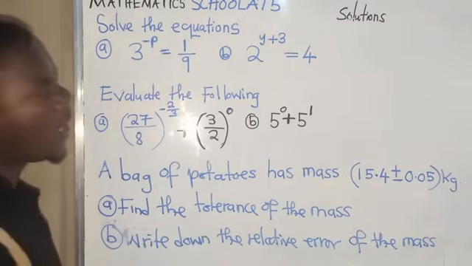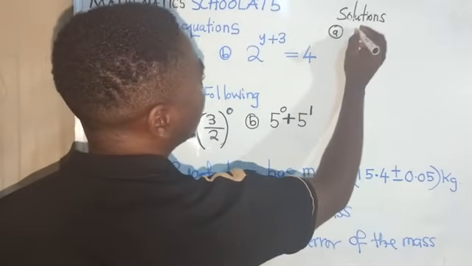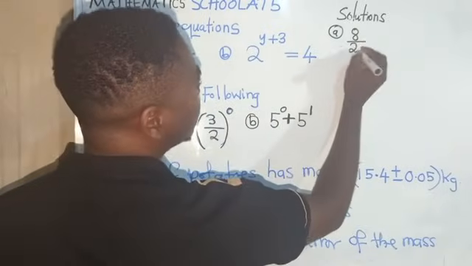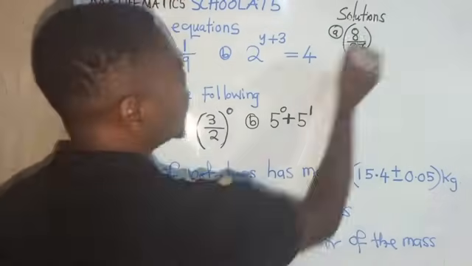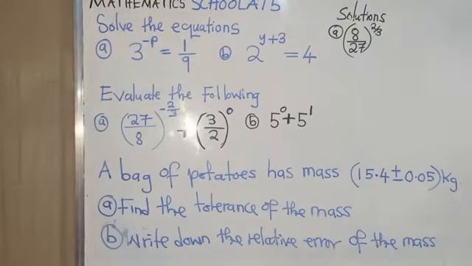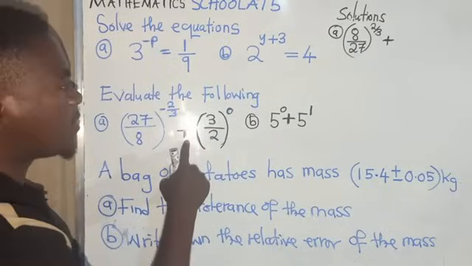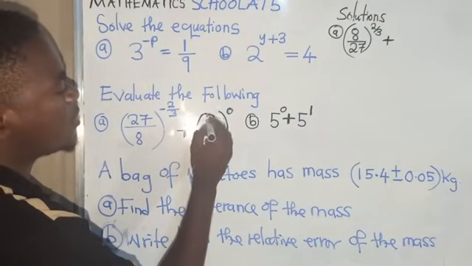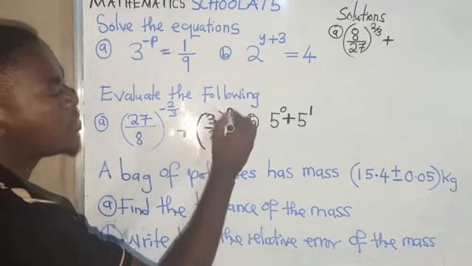Meaning we are going to have 8 on top, and the 27 comes down, then the power is going to be a positive 2 over 3. That is what we are going to have. Then there is a plus here. So this is plus 3 over 2 to the power 0.